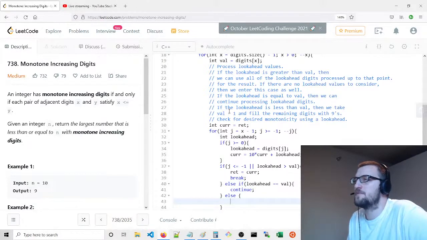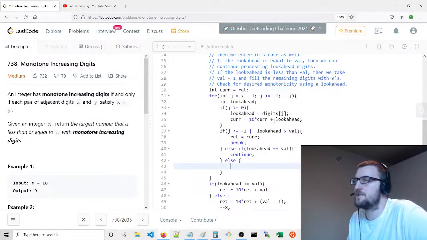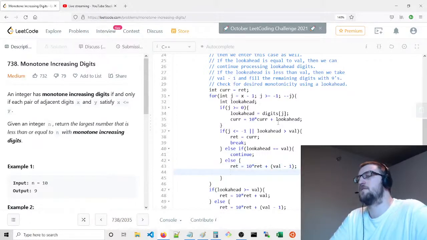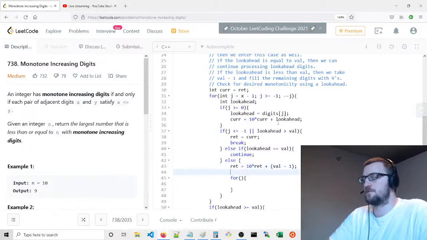If look ahead is less than value, then we take val minus 1 and fill the remaining digits with 9s. So we'll say ret equals 10 times ret plus val minus 1. And then we have another for loop here. Decrement x.